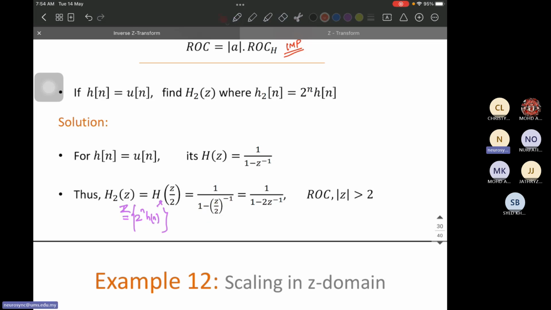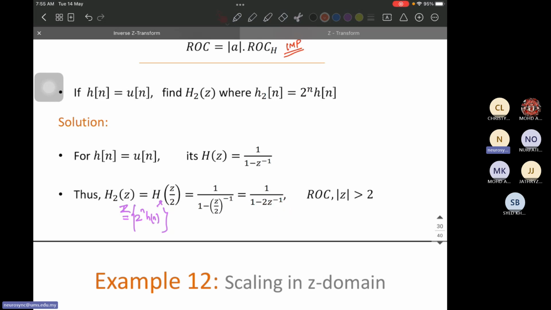In the scaling property, instead of z, you need to write z by 2. If we solve this, taking 1 by 2 inverse and z inverse separately, 1 by 2 inverse is nothing but 2, and this is z inverse.